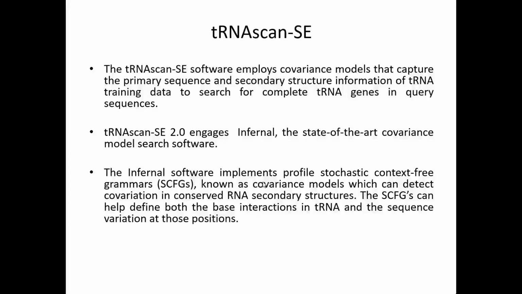The Infernal software implements profile stochastic context-free grammars known as covariance models, which can detect covariation in conserved RNA secondary structures. So this can help to define both base interactions in tRNA and sequence variations at those positions.